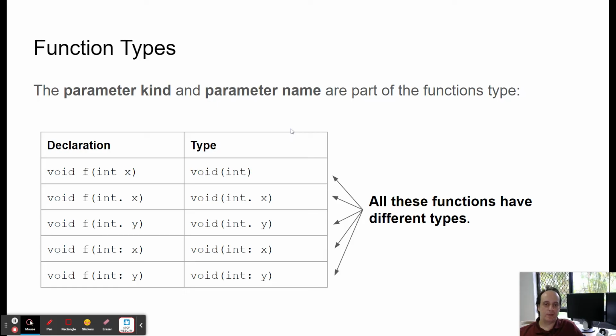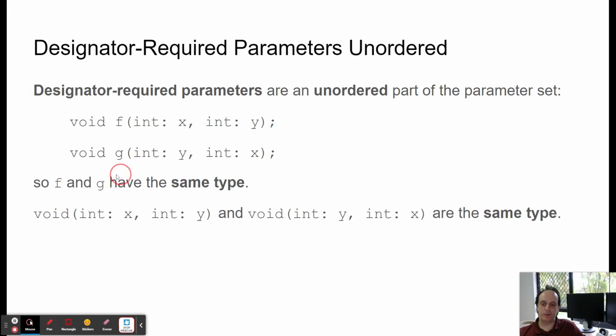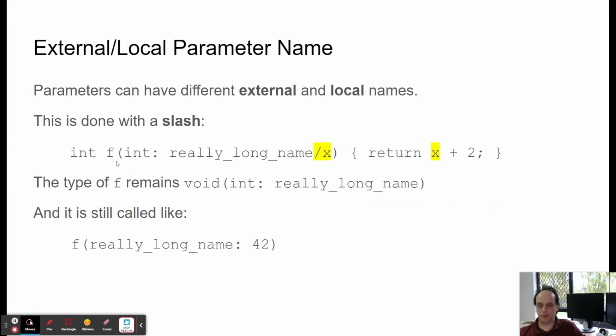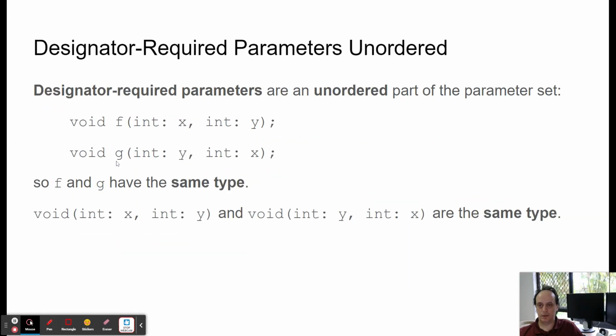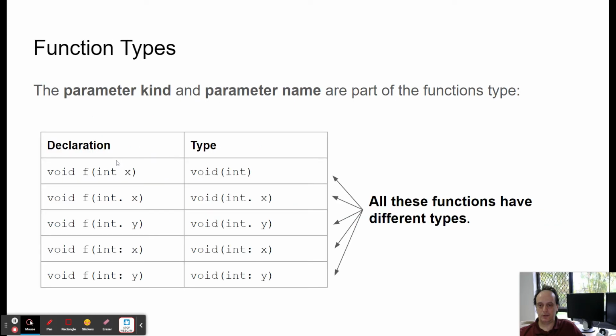The parameter kind and parameter name are part of the function's type. So for the new parameter kinds, here we have a function f with one positional parameter.